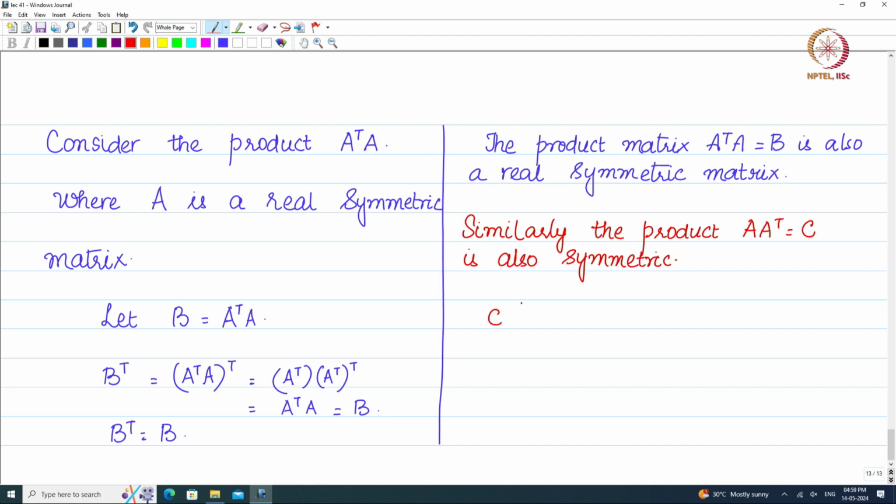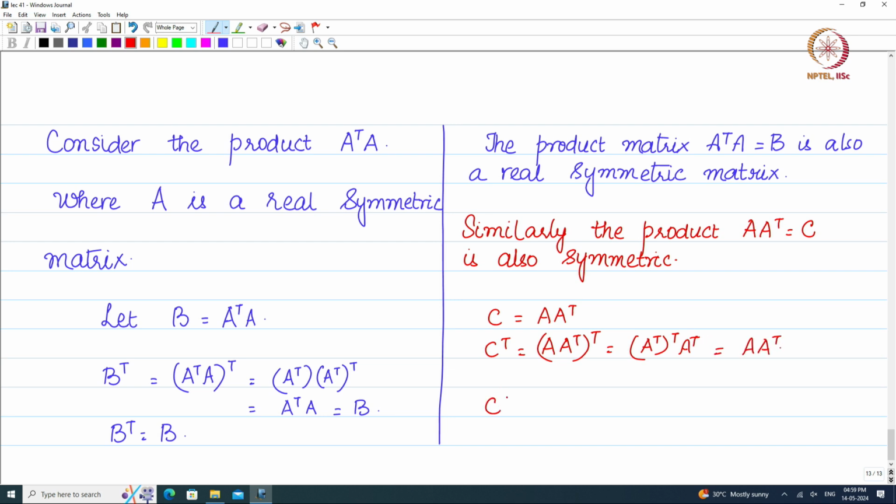Let us prove that. So, C is equal to A transpose, C transpose is A transpose the whole transpose, which is nothing but A transpose the whole transpose into A transpose, which is nothing but A transpose.